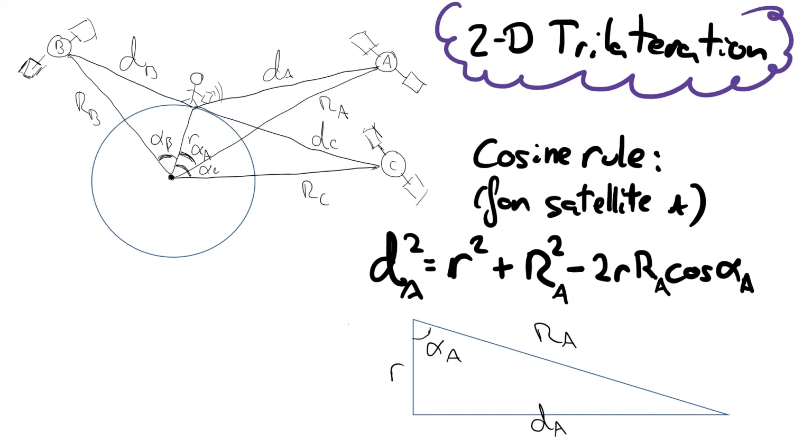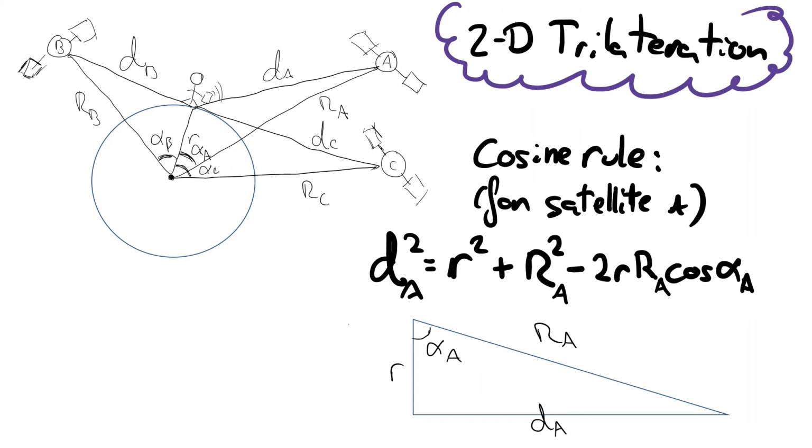From what we know of trigonometry, this determines our triangle uniquely, and it's enough for us to compute the other 2 angles and the length d sub A of the third side of the triangle. But what is that third side?